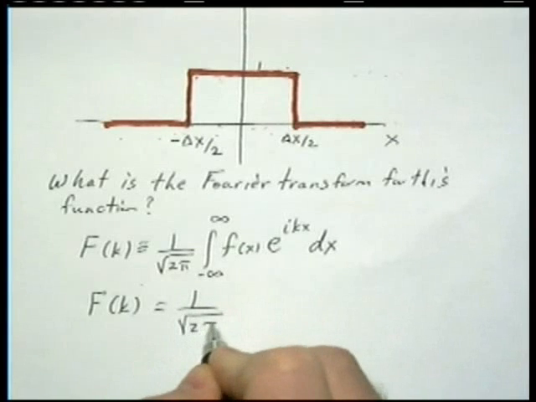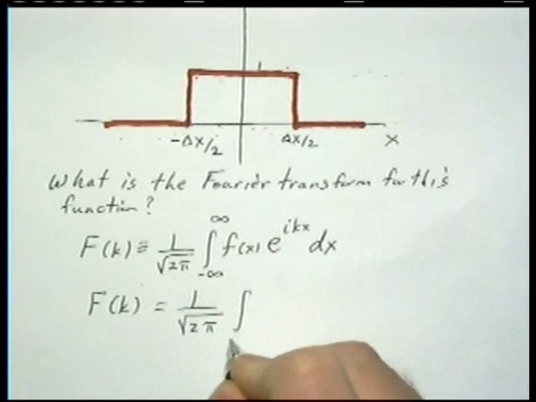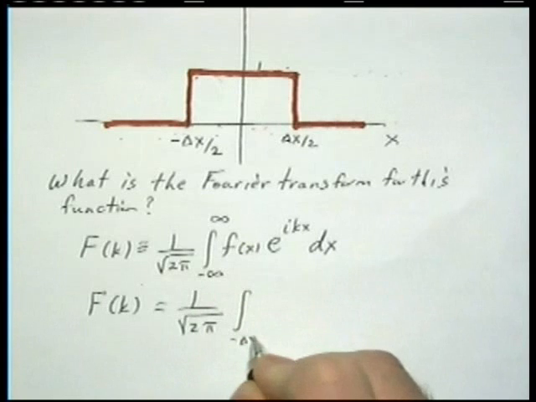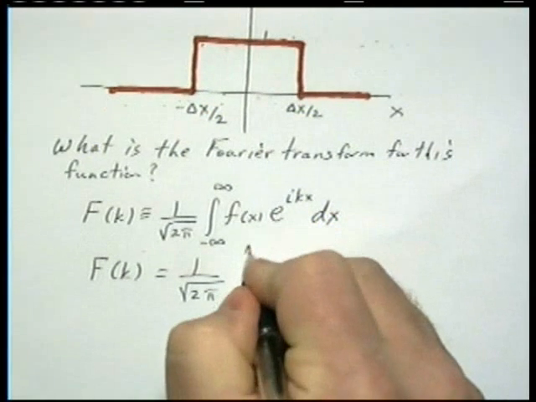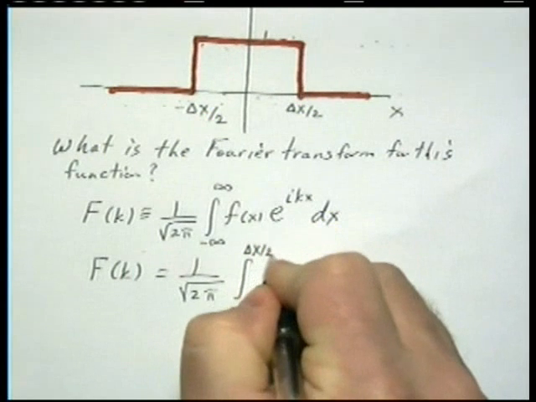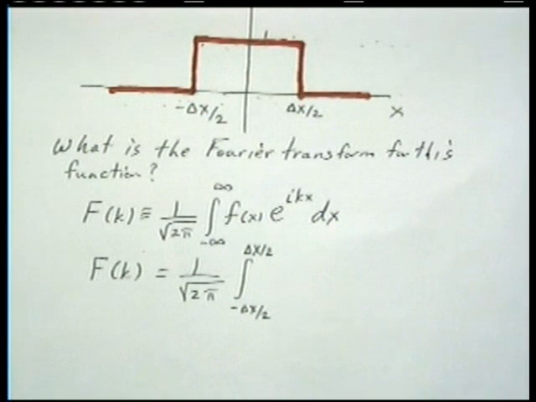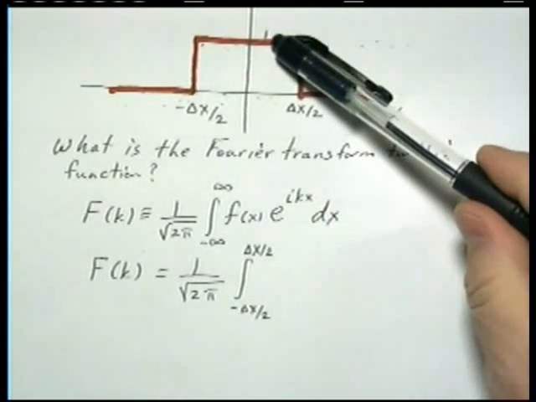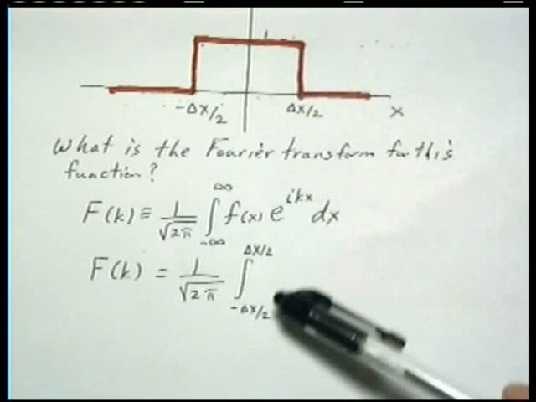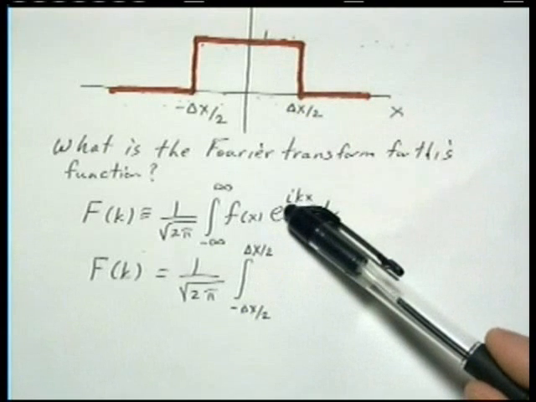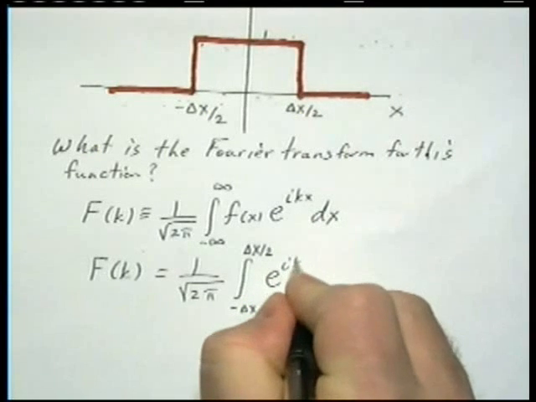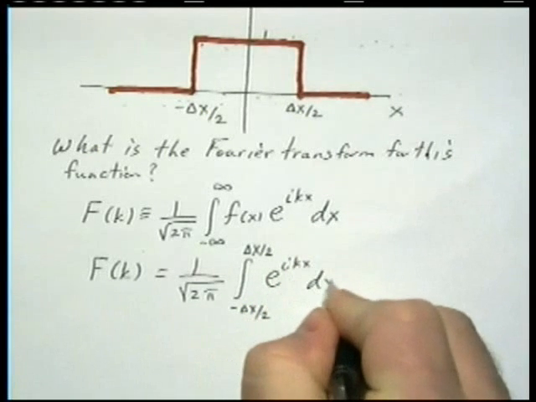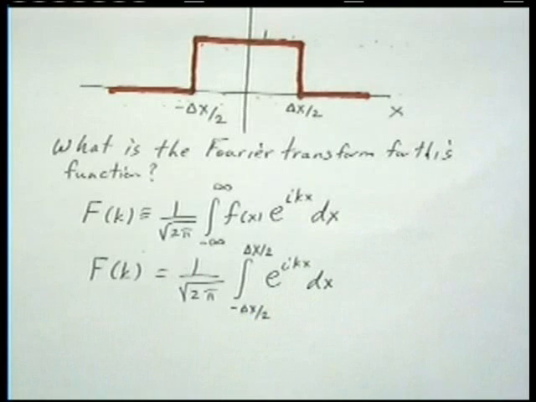Still have my square root of 2 pi, but now it starts at minus delta x over 2 and goes till it gets to delta x over 2. In that region, the value of f of x is 1. So I get 1 times e to the ikx. Which is that.